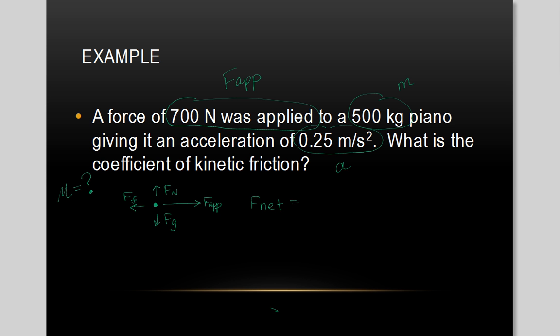And we're only focused on the left and right. So what do you got for the F net? Help me out. F applied minus force of friction. What do we know F net equals? MA.